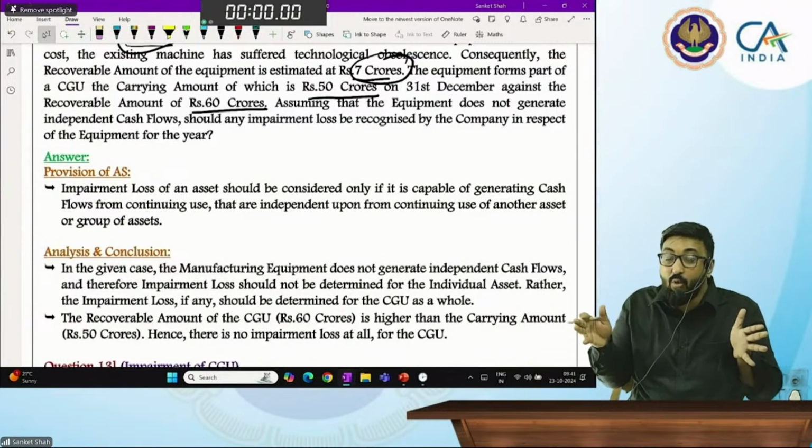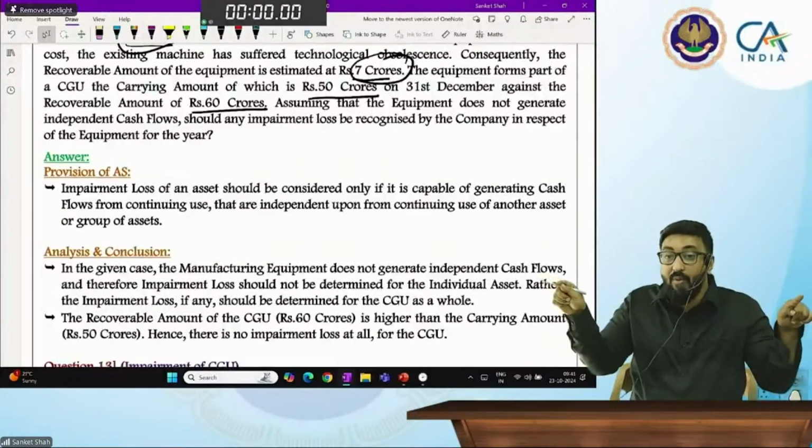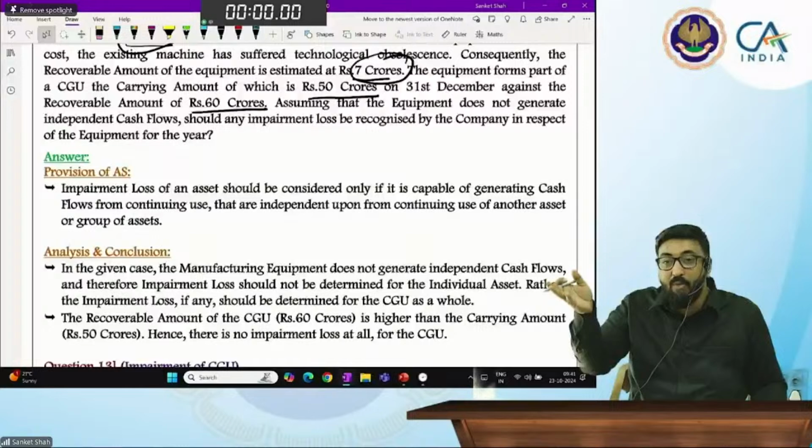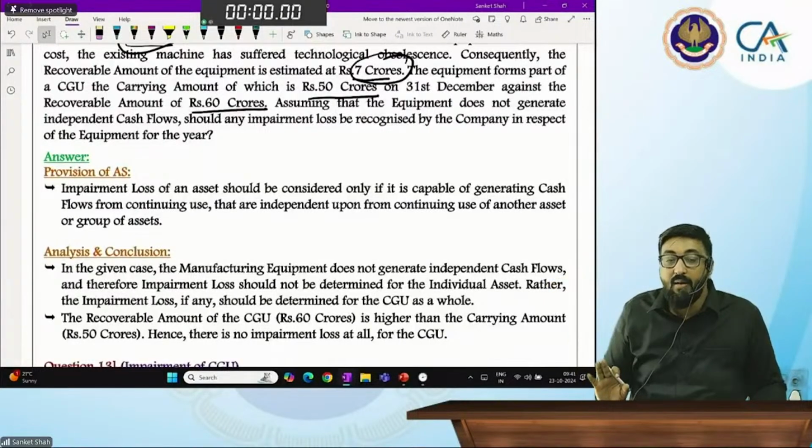How many assets are over there? In that we are going to divide it according to their carrying amount. Okay. I will tell you this example. So how to do impairment of CGU, that I will tell you. But here, are you going to impair that asset individually? No, sir.